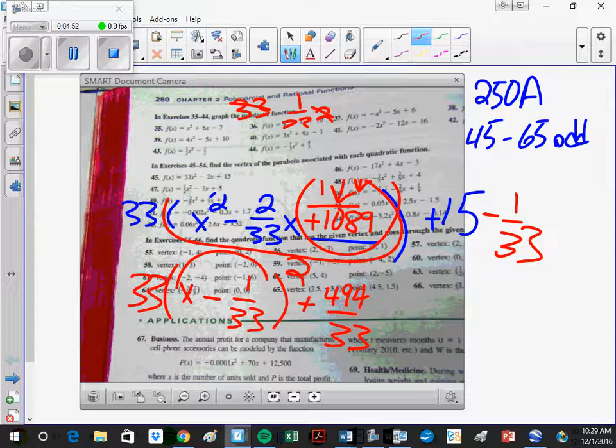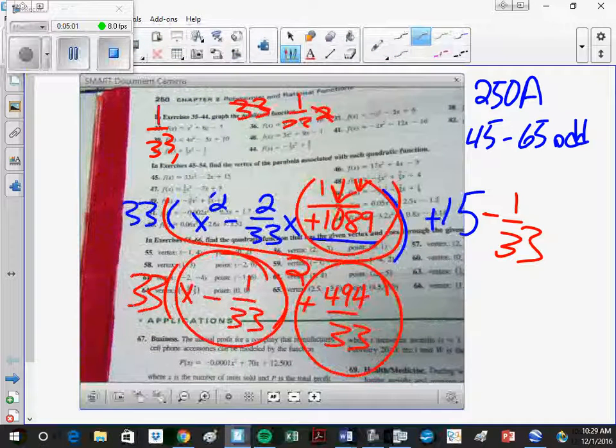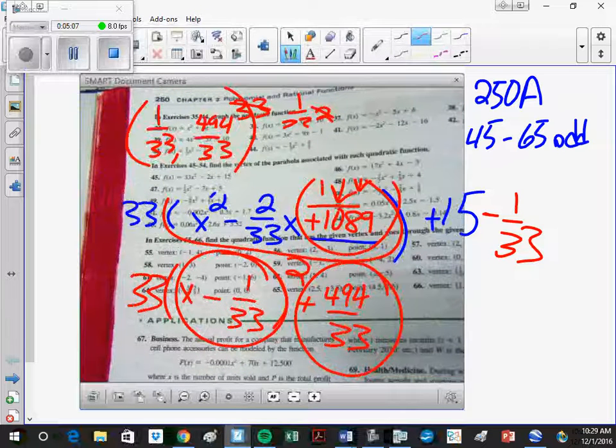This tells me to move right 1 over 33, and this tells me to go up, so the point would be 1 over 33, comma 494 over 33. Okay, does that make sense?